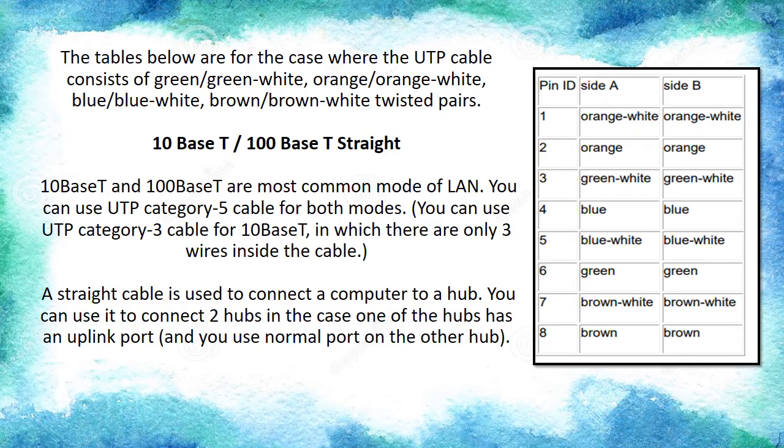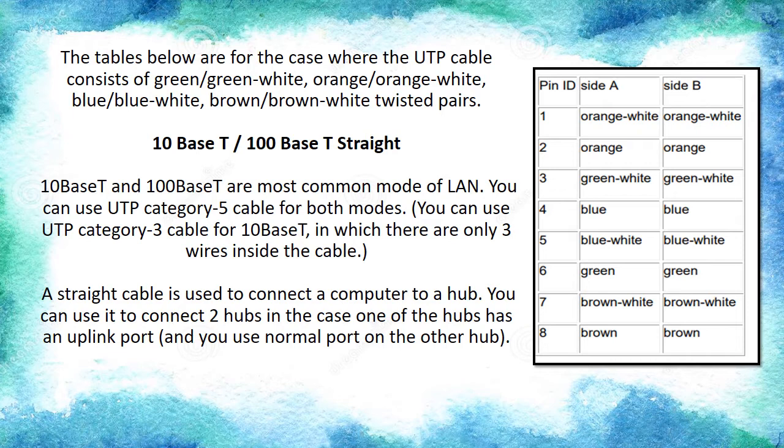So this cable connection is for the straight cable, which we can also call the 10 base T or 100 base T straight. Let us understand what it is. 10 base T or 100 base T are the most common modes of LAN. You can use UTP category 5 cable for both modes.